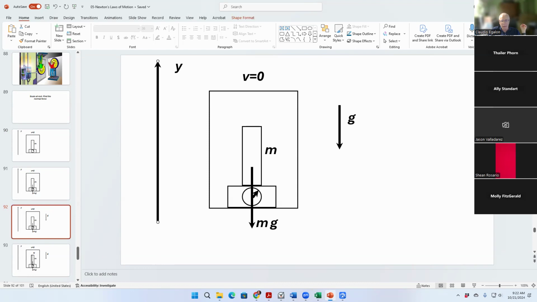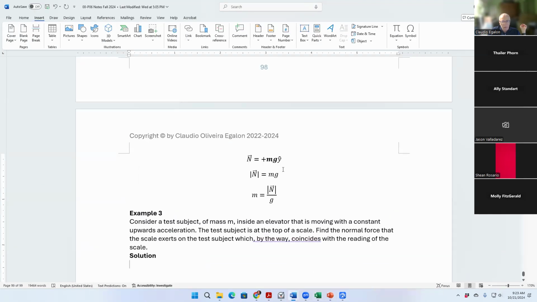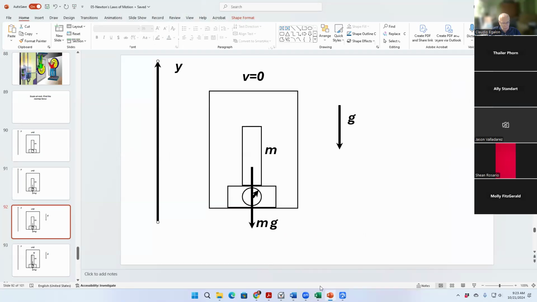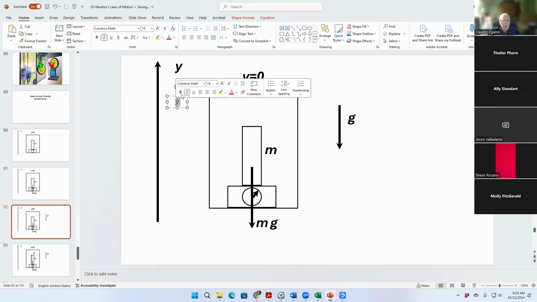Let me do another illustration here. Y hat is this one here, right? So I'm going to put an illustration right in here. It's all about how we define the direction of the y-axis.